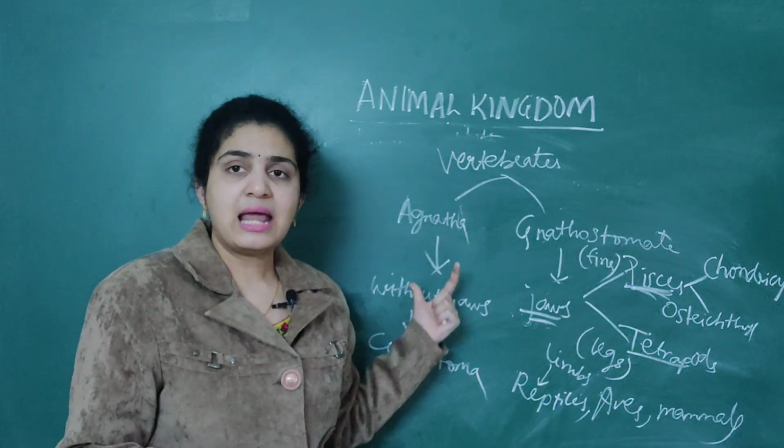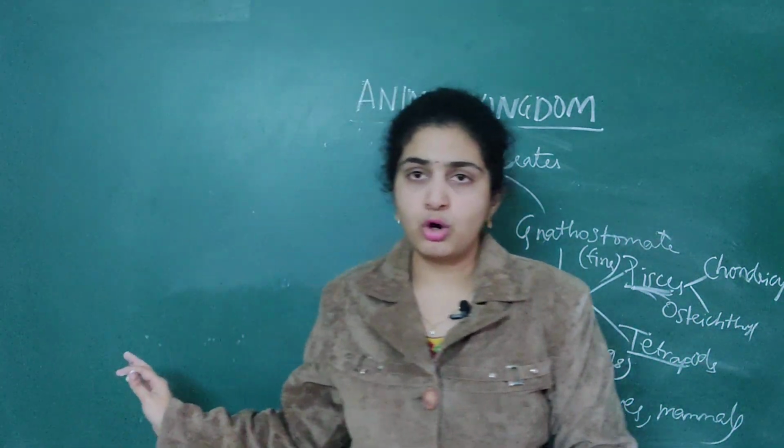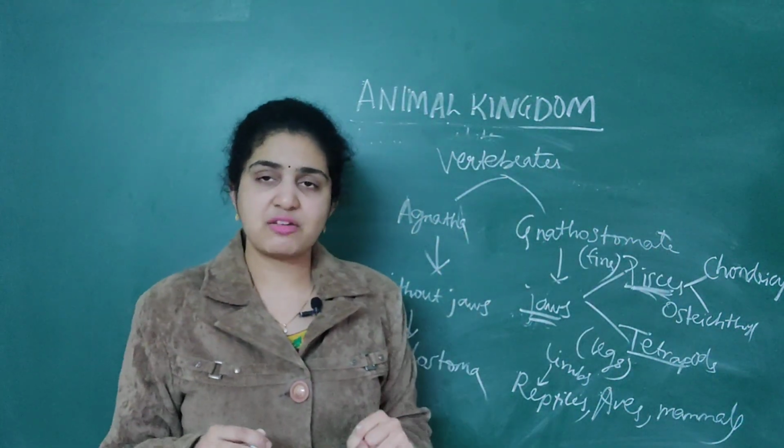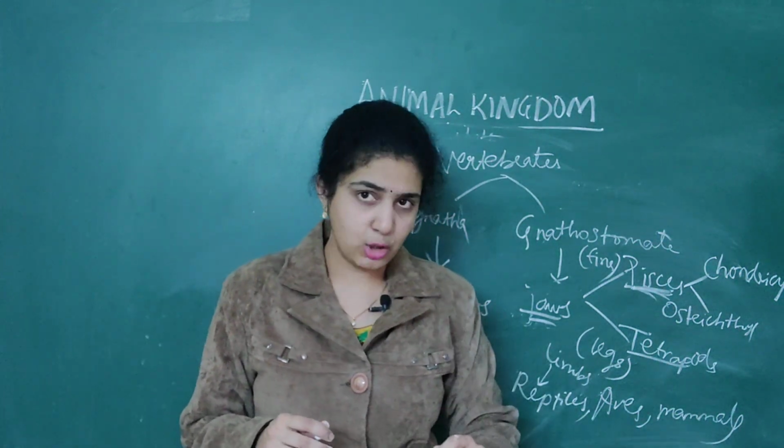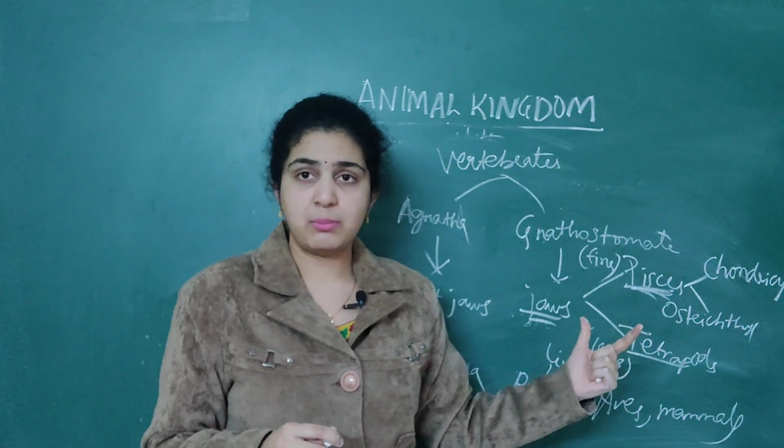Ascidia, Salpa, Doliolum are for the Urochordates. Only one example for Cephalochordates, that is Branchiostoma. Then the third classification is vertebrates.